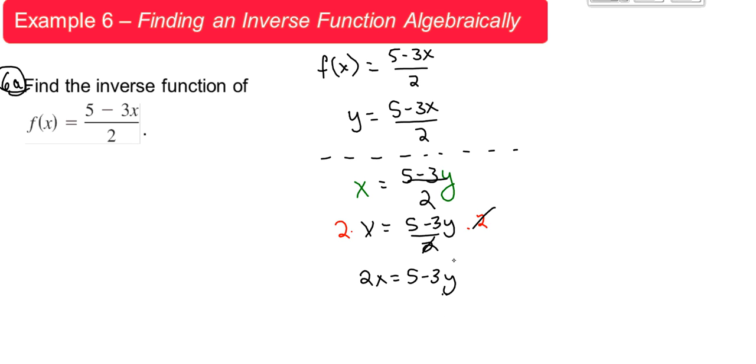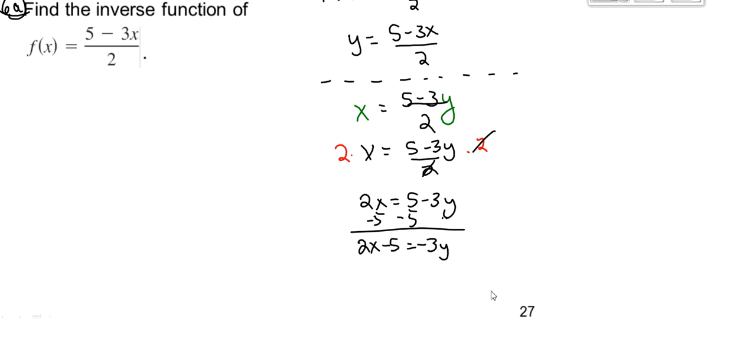Well, whatever. I'm going to subtract 5, so I get 2x minus 5 equals negative 3y. I will reflect it. So negative 3y equals 2x minus 5. Then I'm going to divide everything by negative 3, and then I'm going to get y equals negative 2/3 x plus 5/3.